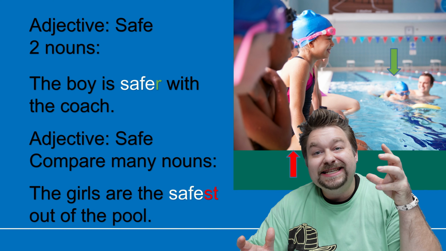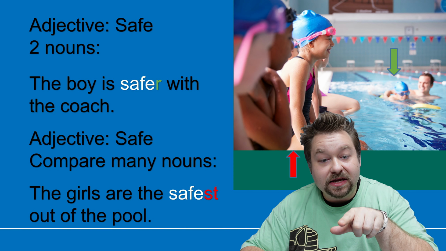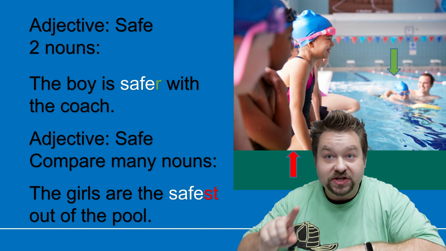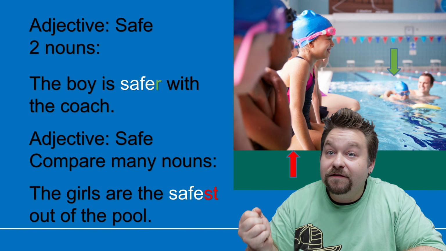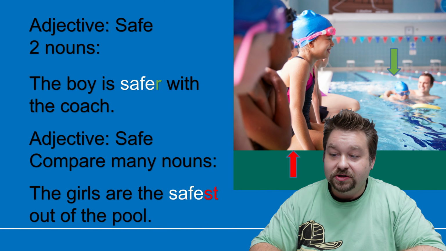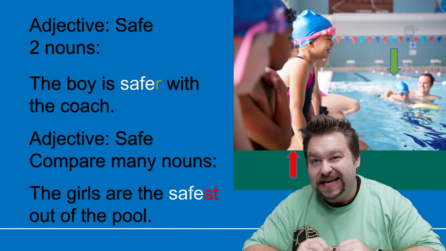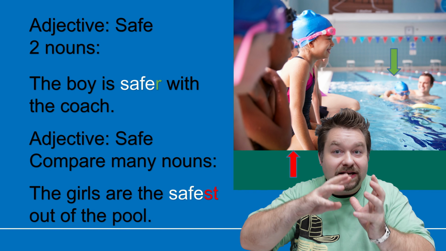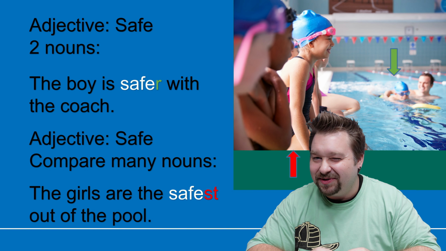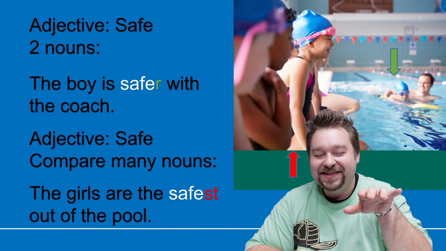Our adjective is safe. See, it ends with an E. So when we compare 2 nouns, we just put the R. The boy is safer with the coach, right? ER, he's safer. Now, if we compare 1 noun against everything, let's look at this one.